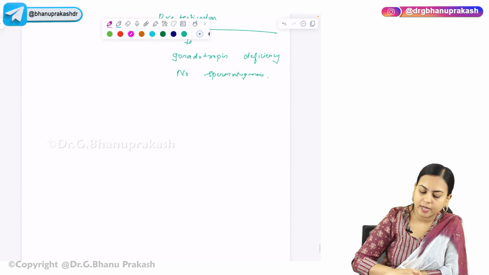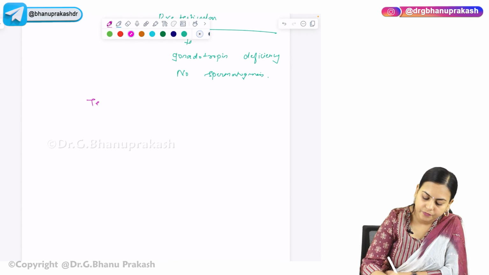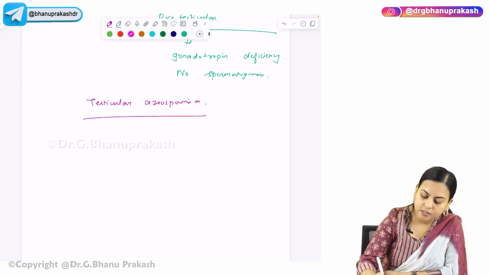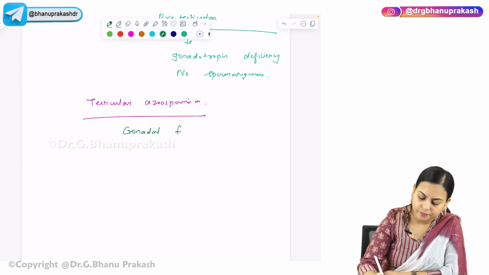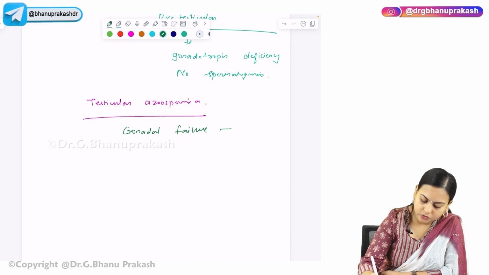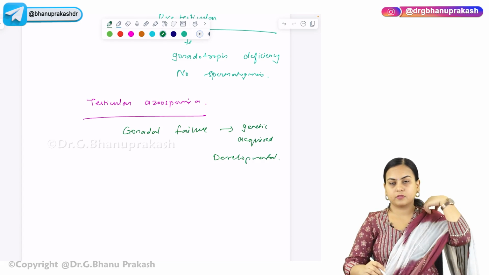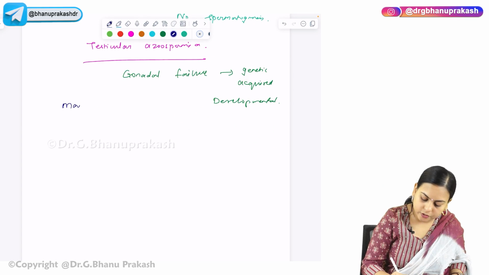Another type of azoospermia is testicular azoospermia, which is simply the gonadal failure due to genetic, acquired or developmental causes. Okay. So, how are we going to manage this condition?